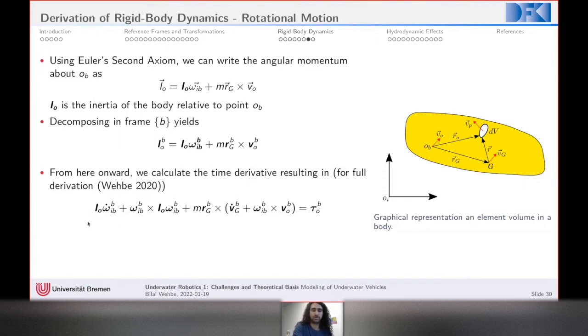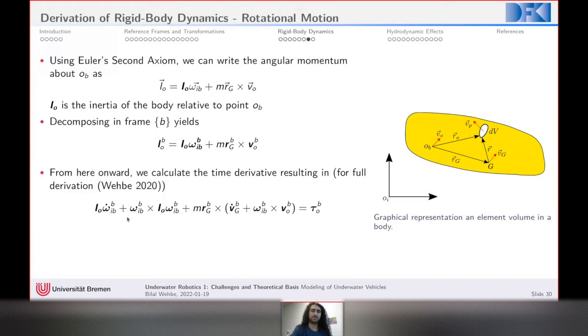So basically the moment of inertia with respect to point O multiplied by the angular acceleration in the body frame, plus the angular velocity cross product with that term here, plus the mass by the vector RGB, also multiplying this big term here, which is nothing but a centripetal force. Just because the center of gravity is not at the point that we are measuring, we will always experience this centripetal force if the body is rotating.